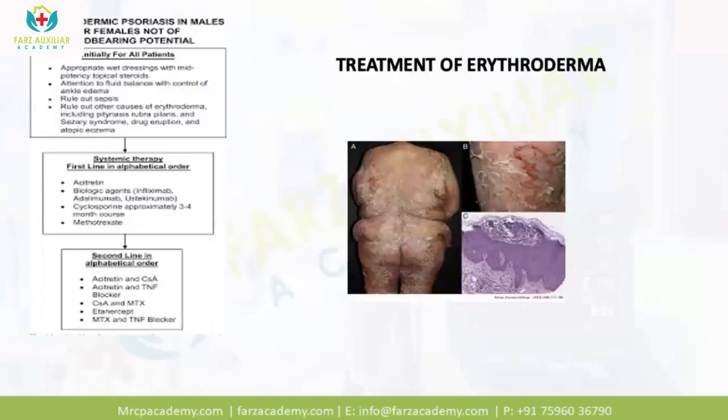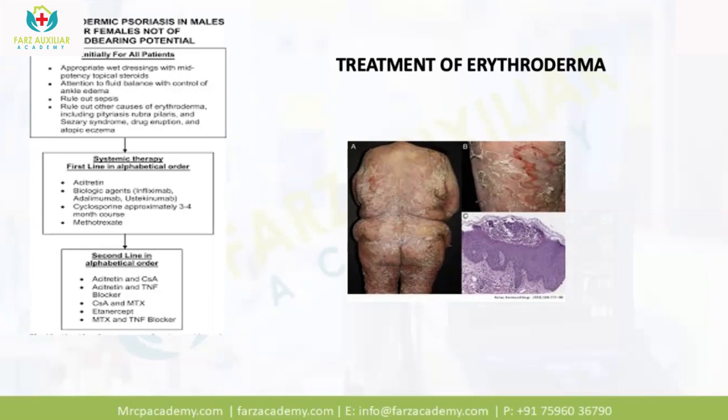Whenever patients with erythroderma come across, for all patients it's appropriate to use wet dressings with mid-potency steroids. You should attend to fluid tolerance and control edema. You have to rule out sepsis, and rule out other causes of erythroderma, including PRP, Sézary syndrome, drug eruptions, and atopic eczema.